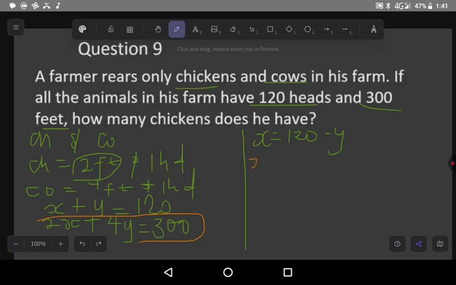So 2x is like 2 times (120 minus y) plus 4y equal to 300. 2 times 120 is 240. 2 times minus y is minus 2y, I will open the bracket, plus 4y equal to 300.